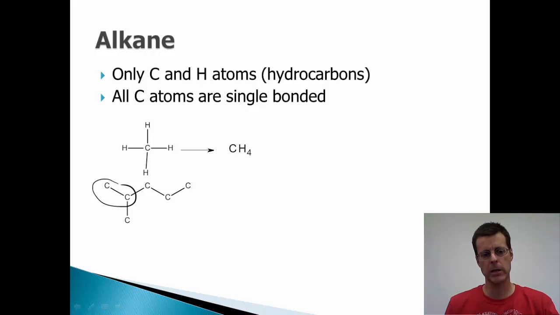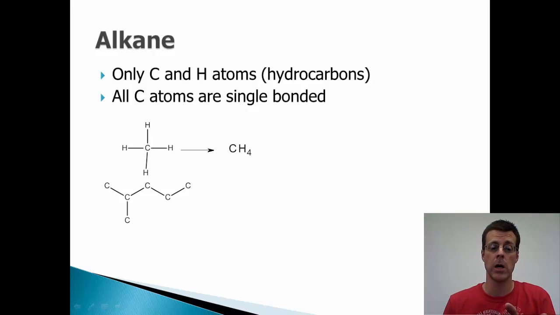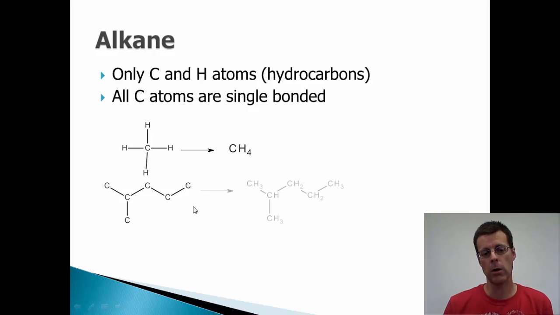Now that is not a complete structure, and we might draw some version of this, but we'll never leave it like this. So make it real clear right now, you will never draw a skeleton structure like this and leave it like that. We will always include the hydrogens.